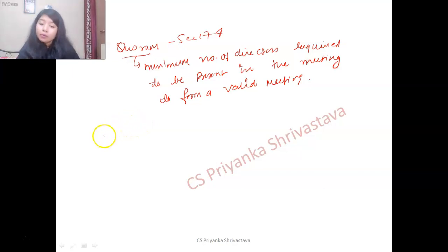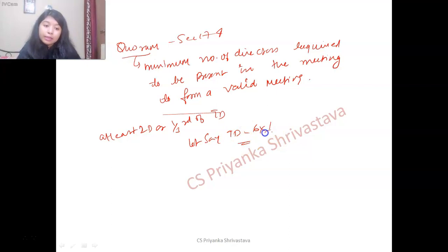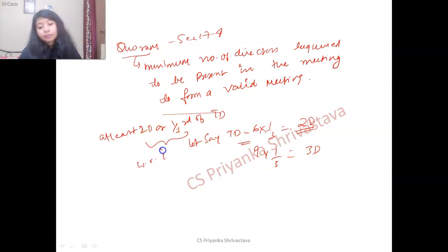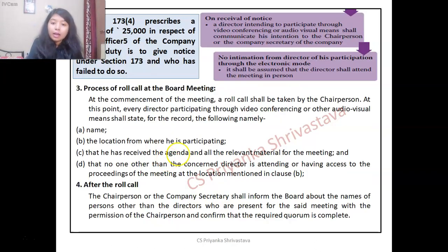For example, it says at least 2 directors or 1/3 of the total directors. Let's say total directors are 6, so at least 2 directors are required. If the total directors are 9, then at least 3 directors are required, whichever is higher.